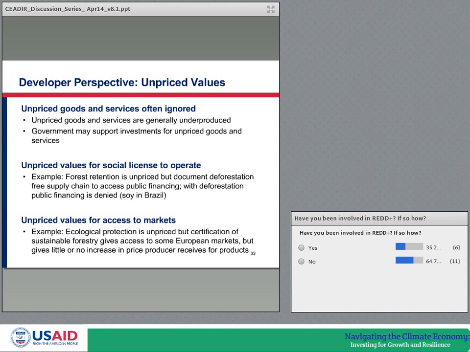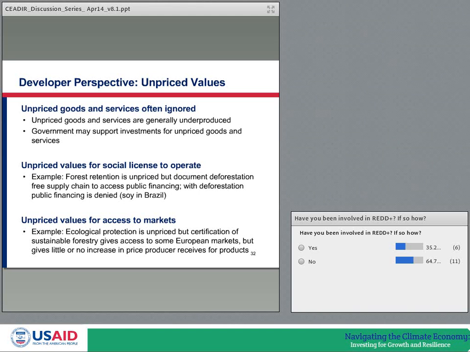So we look at government support. But there are two possible areas where we've got a big lever that we can use. Your social license to operate. You may have to meet certain behavior or performance requirements to be allowed to operate.